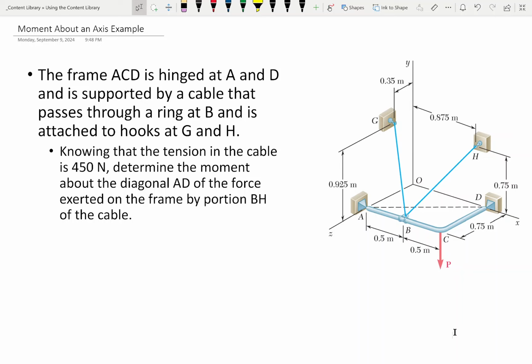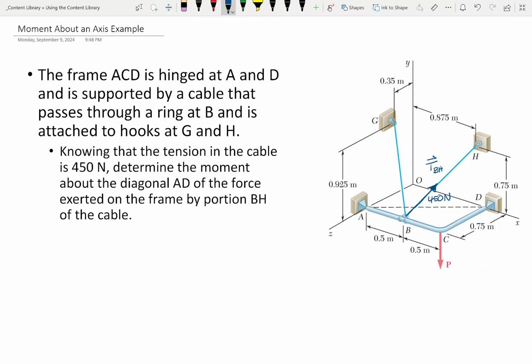So the idea is, let's just draw that out right here. Let's assume that there is a tensile force right there, we'll call it BH, and the magnitude is 450 newtons.